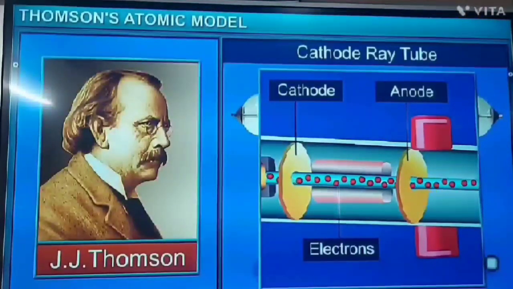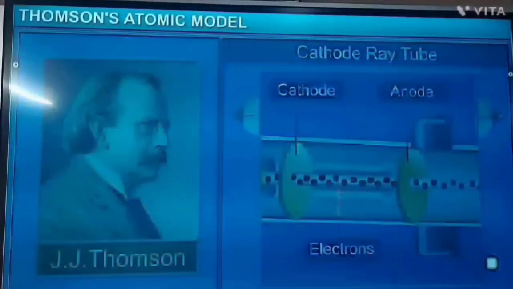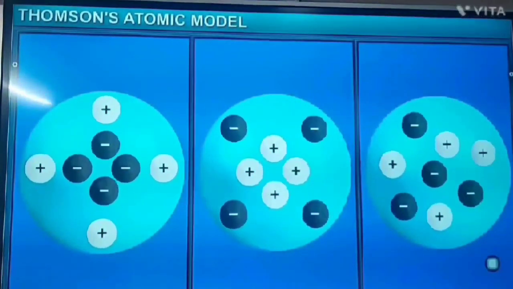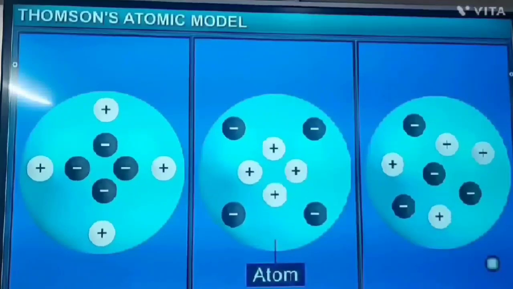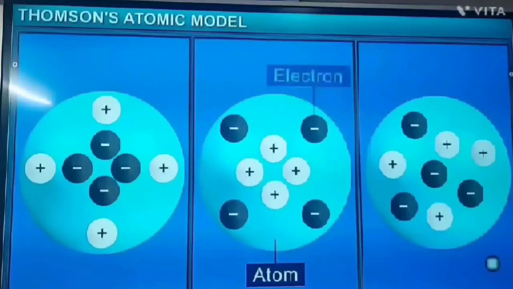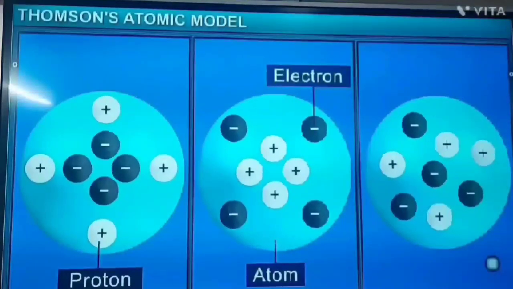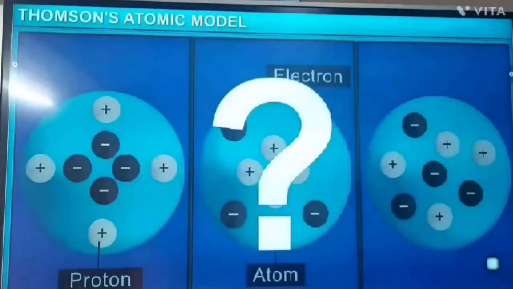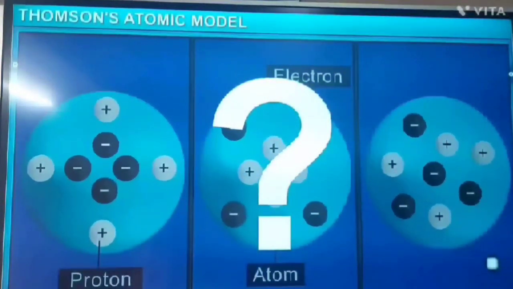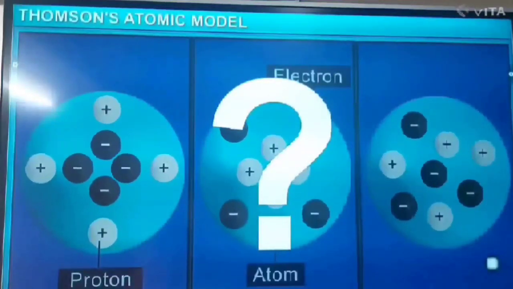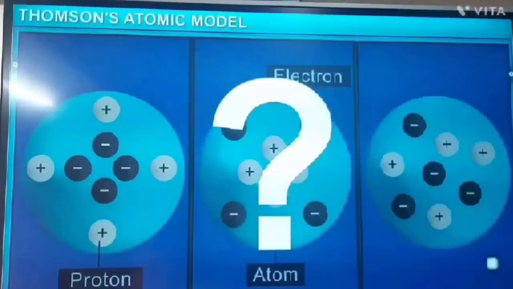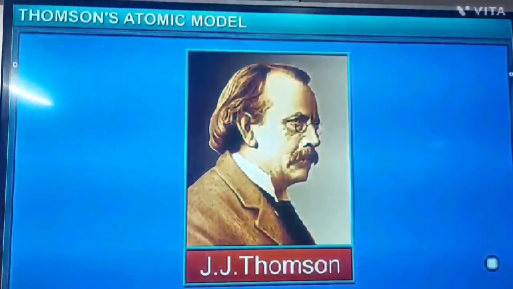An electron has a negligible mass and has a charge of -1. These discoveries made the scientists believe that an atom was divisible and made up of electrons and protons. What they didn't know at the time was how these electrons and protons were arranged within an atom. They tried to understand this arrangement through various experiments.